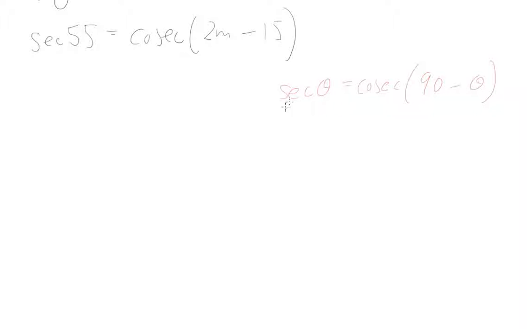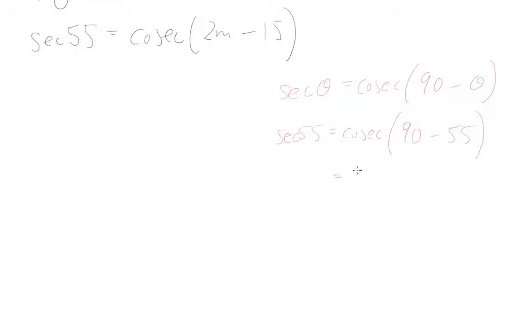So if I do have sec 55, it is equal to cosec of 90 minus 55. 90 minus 55 is going to be 35, I think.